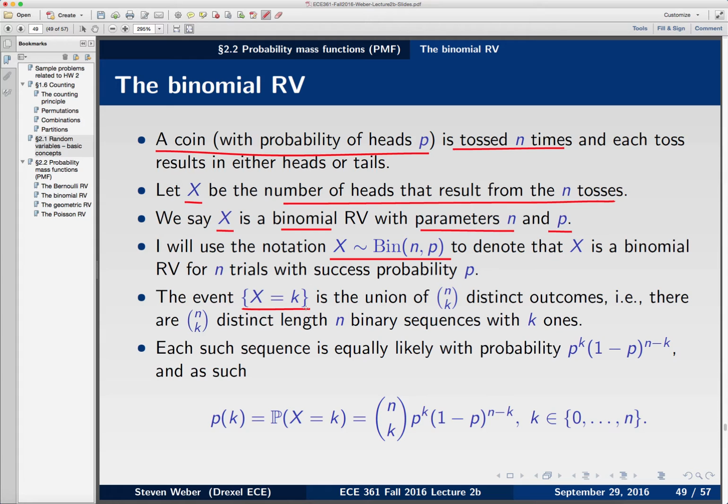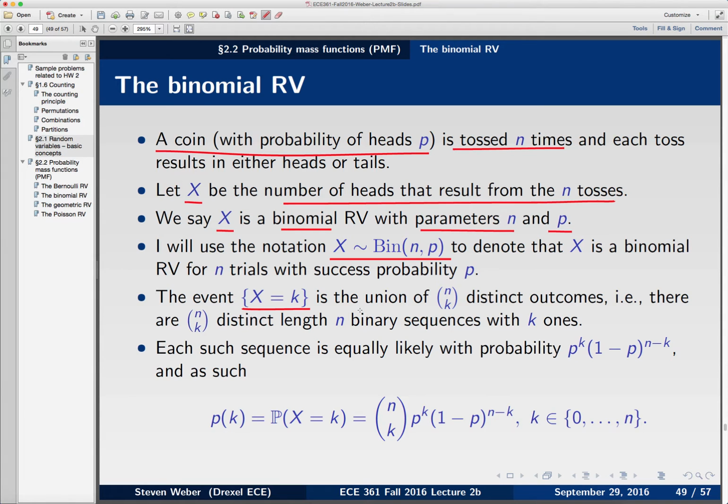Think of the simple example when n equals 3 and k equals 2. That is, I have 3 trials and I'm interested in the probability of the event that I have 2 successes. Those 2 successes could come on the first 2, the last 2, or the first and third trials out of the 3. In general, what I'm asking for is the following.